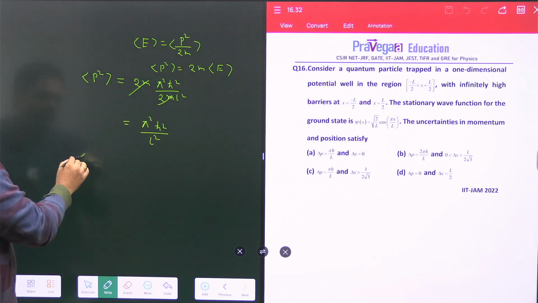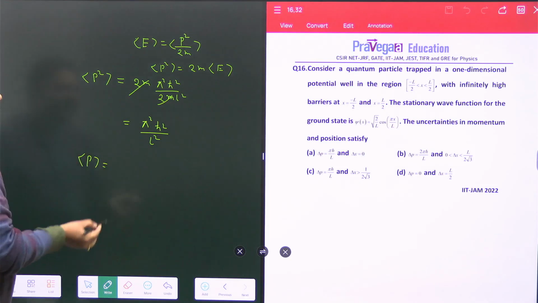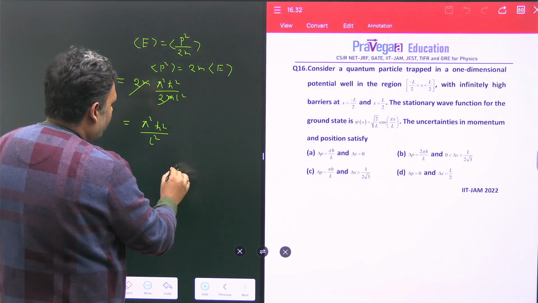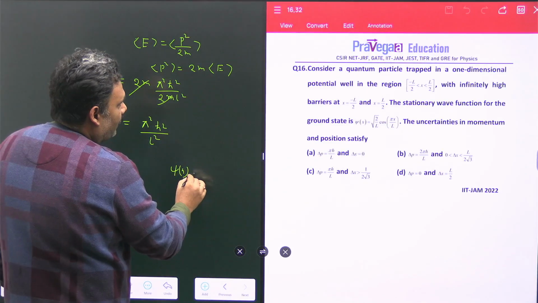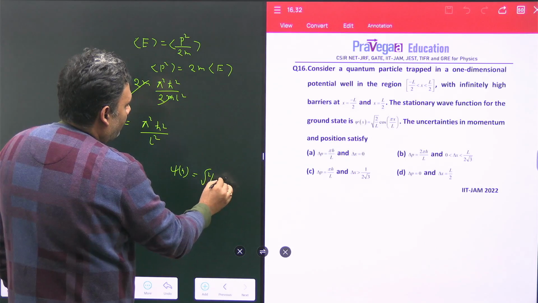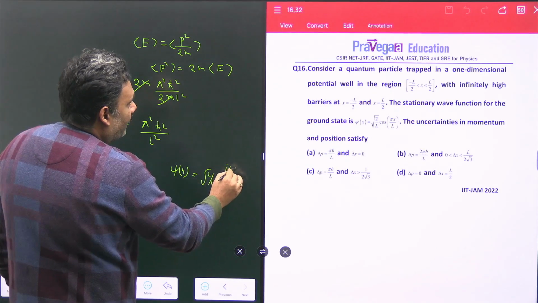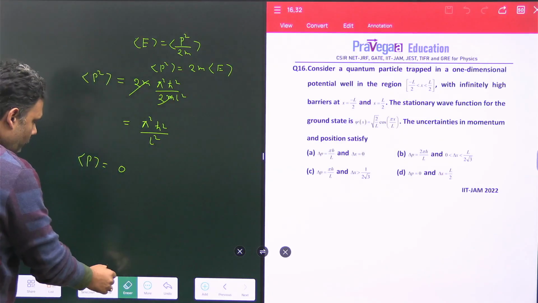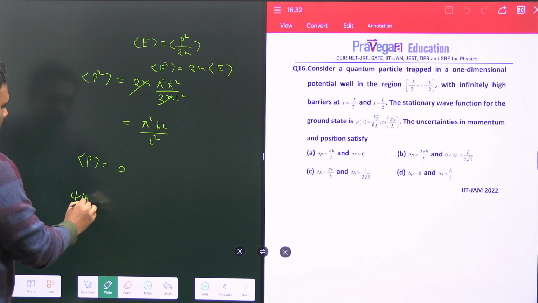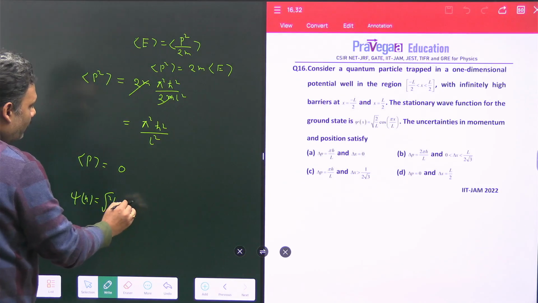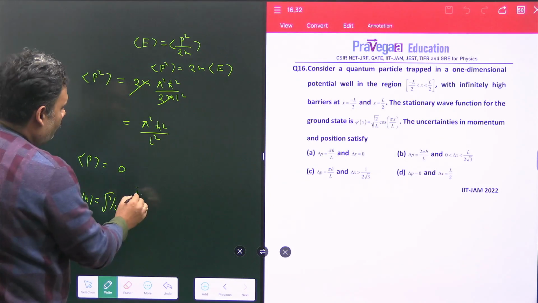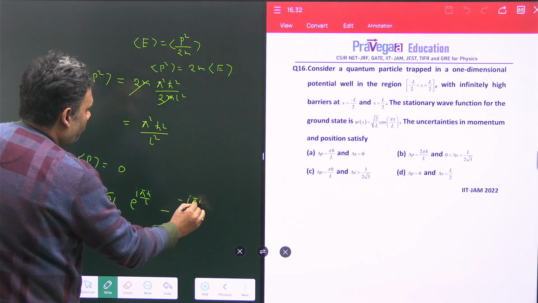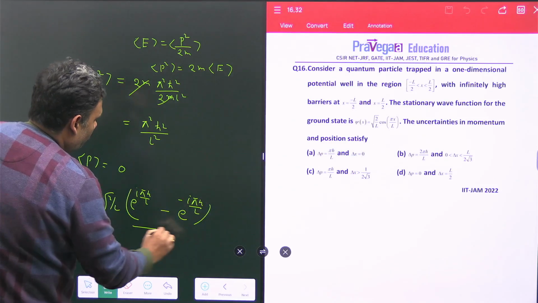Now let us calculate the expectation value of P. You can see the expectation value of P is 0, because your wave function can be written as psi x equal to root 2 upon L, e to the power i pi x upon L minus e to the power minus i pi x upon L, divided by 2.